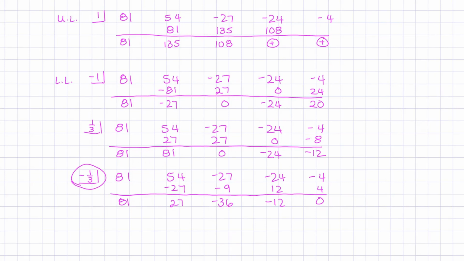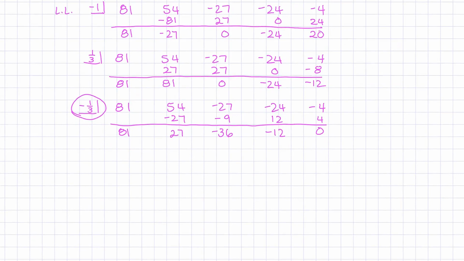Phew! So finally we found an answer, not just a possibility. So what have we found? We know that x plus 1/3 is a factor, and that 81x cubed plus 27x squared minus 36x minus 12 is the other factor.